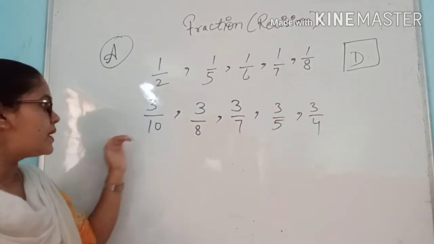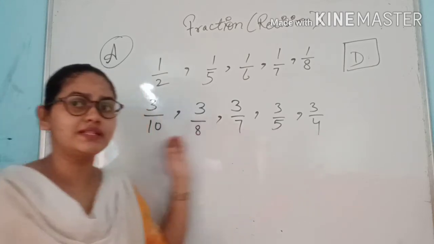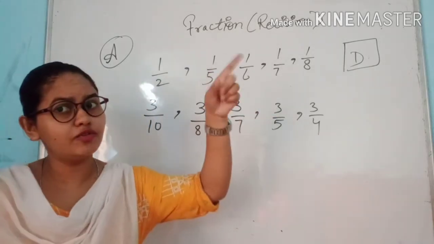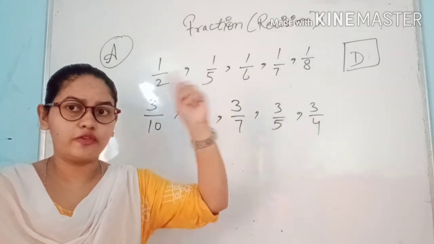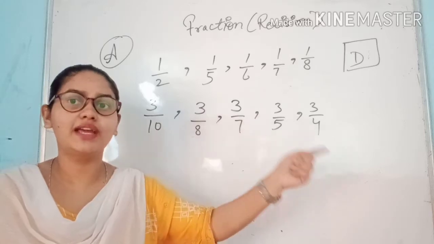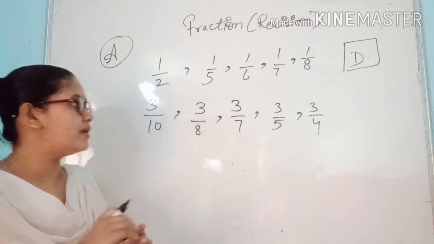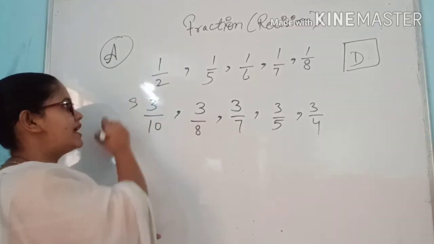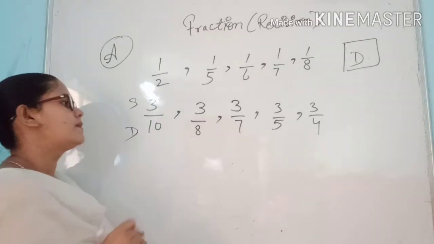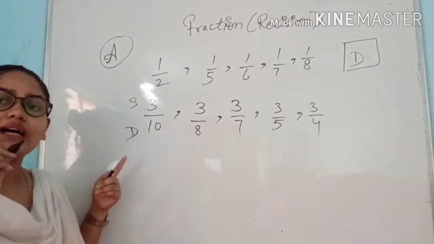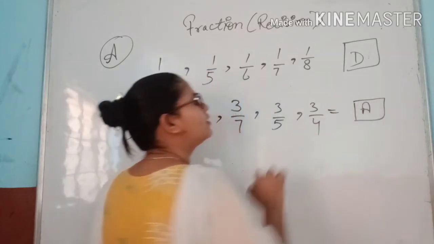But here the denominators follow 10, 8, 7, 5, 4, which means greatest to smallest. Again we apply the opposite formula: in descending we follow ascending, in ascending we follow descending. The numerators are the same, but the denominators are written in descending order, so this will be known as ascending order. So this one is ascending.